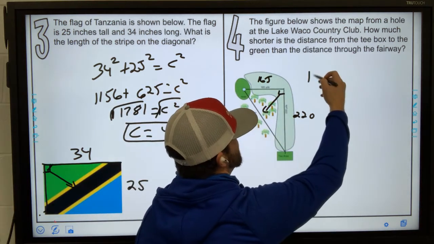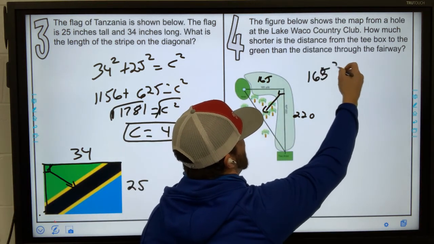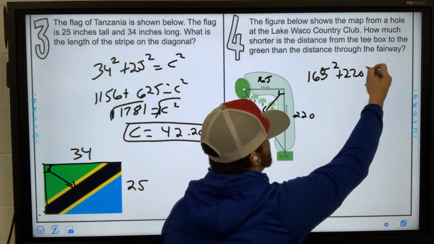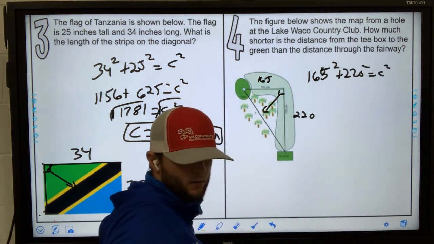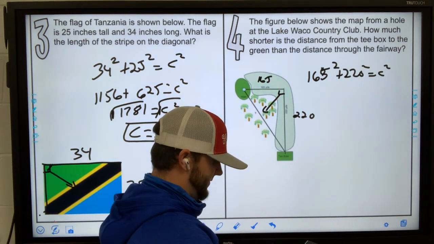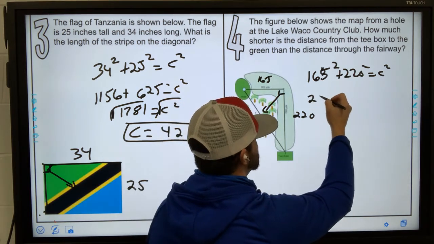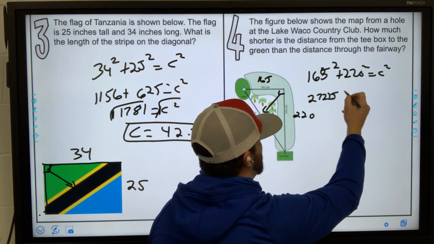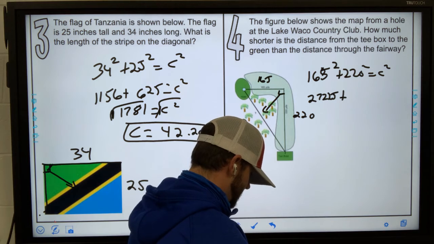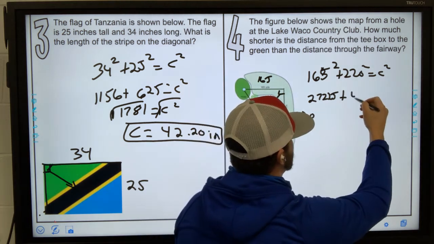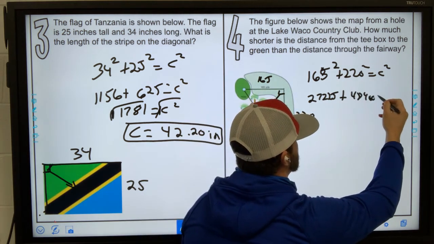So again, I'm going to take my two legs, 165 squared plus 220 squared is going to be equal to c squared. So 165 squared is going to be 27,225. Then 220 squared is going to be 48,400.